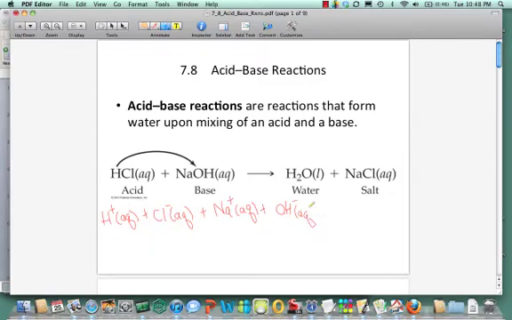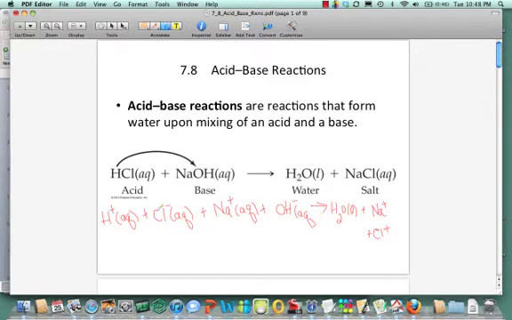Okay, those go together to form H2O liquid plus sodium ion plus chloride ion.